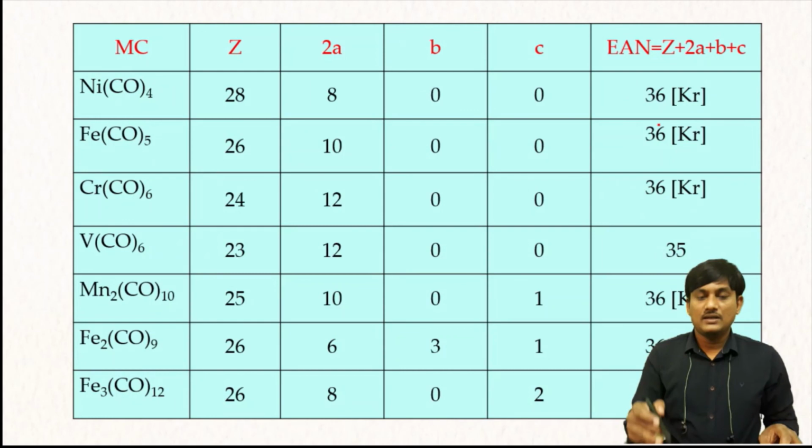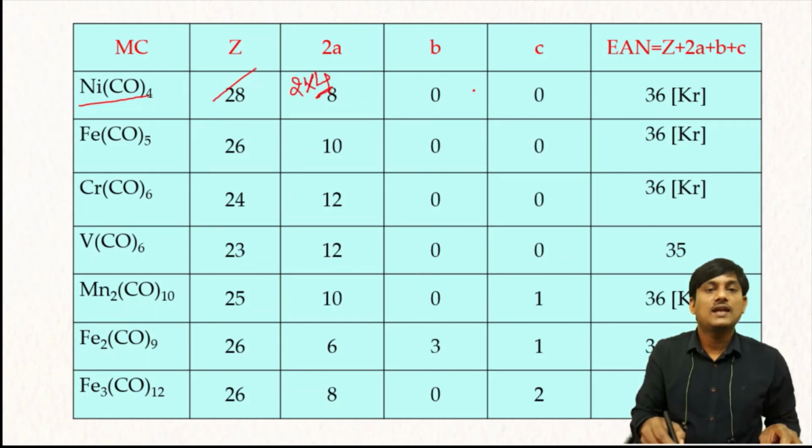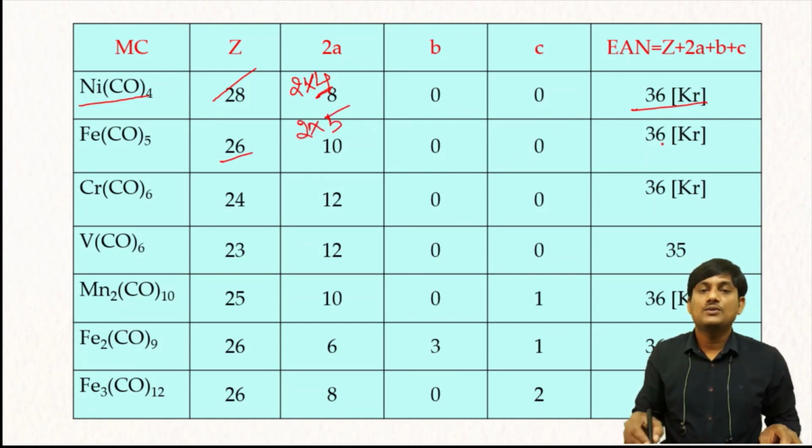Let us summarize all the metal complexes. Ni(CO)4, Z is 28 and 2 into 4, 4 terminal ligands. So finally you will get 36, remaining 0. Fe(CO)5, 26, this one is 2 into 5 and remaining 0, so 36.